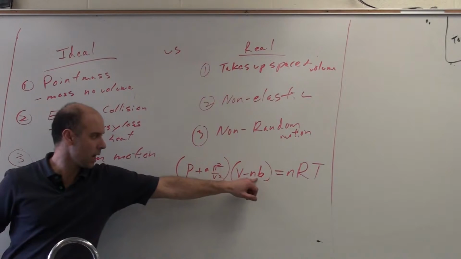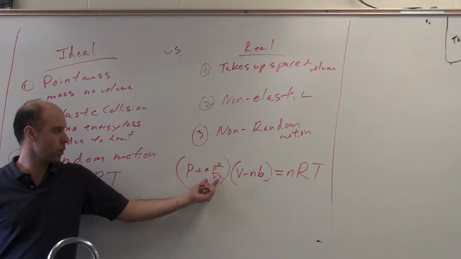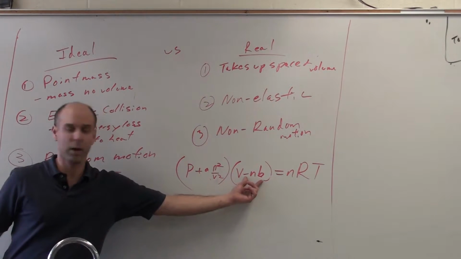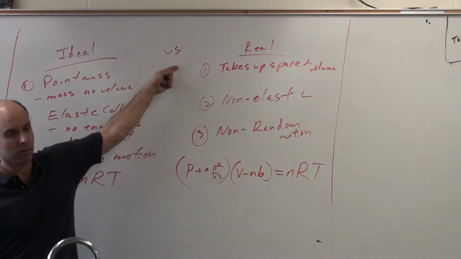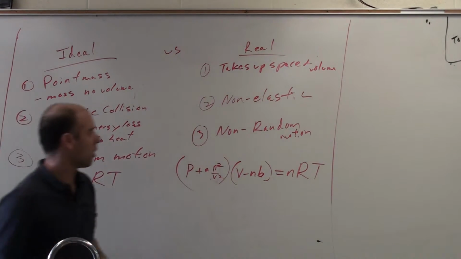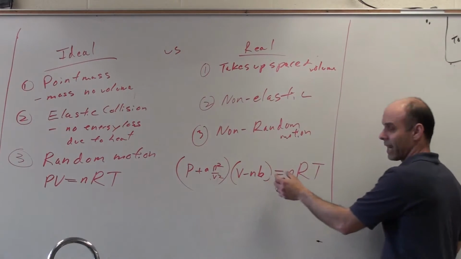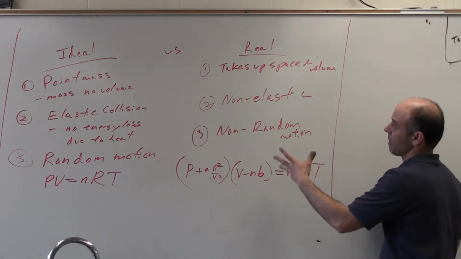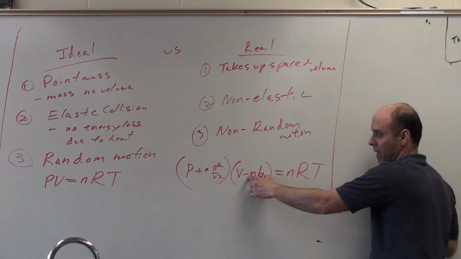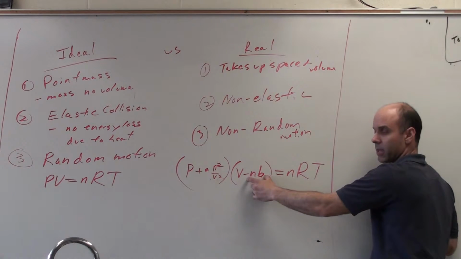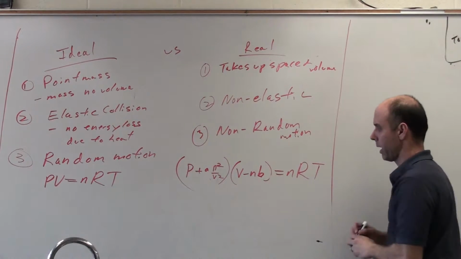So these two terms, a n squared over V squared and minus nb, are there because we are taking into account these factors. Because gas particles actually take up space, from point number one, we have to subtract out the space that the gas particles occupy.